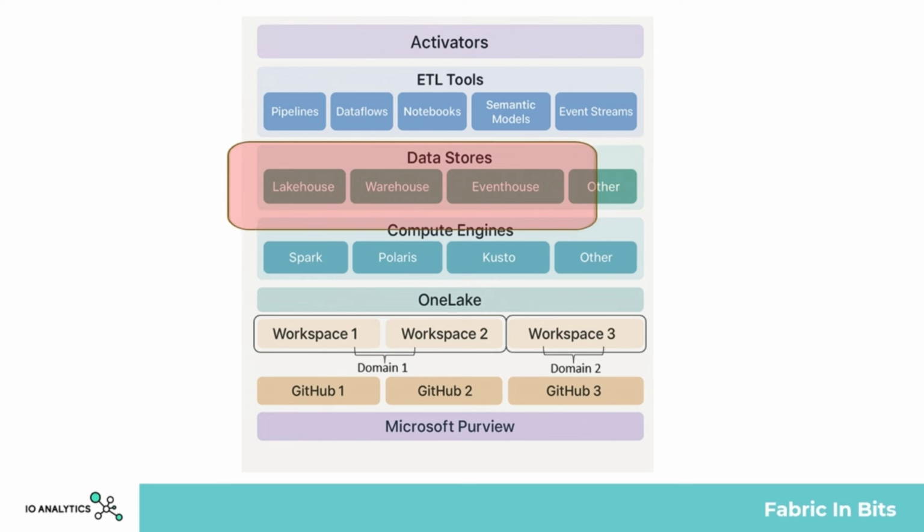If we take each of these one by one, we'll see then that the Lakehouse is being used by particular personas, and these might be your data engineers who want to get access to the performant processing power of Spark to transform and orchestrate that data.